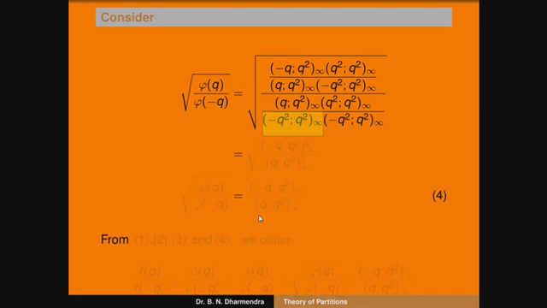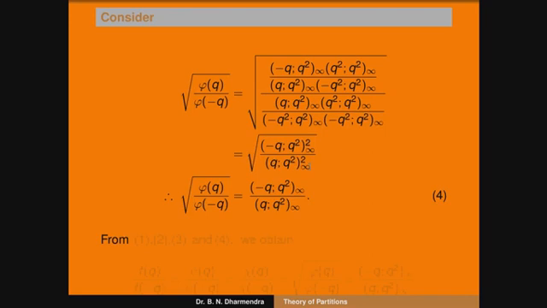It can be written as the square root of (minus q; q squared) infinity whole squared divided by (q; q squared) infinity whole squared. The square root and the square cancel. The term becomes (minus q; q squared) infinity divided by (q; q squared) infinity, that is the square root of phi of q divided by phi of minus q, equal to (minus q; q squared) infinity divided by (q; q squared) infinity. You can call this one equation 4.